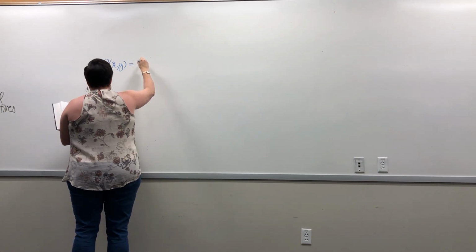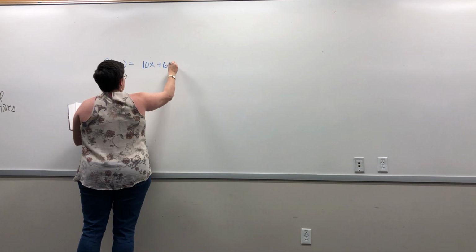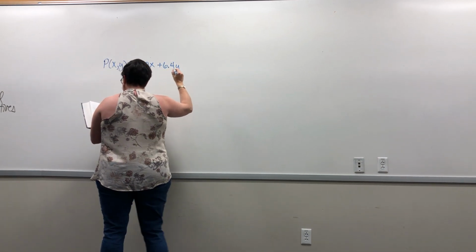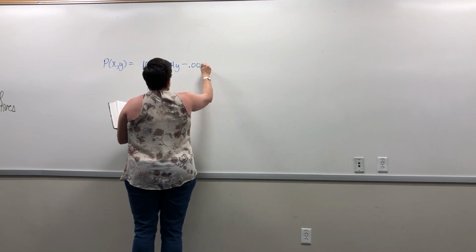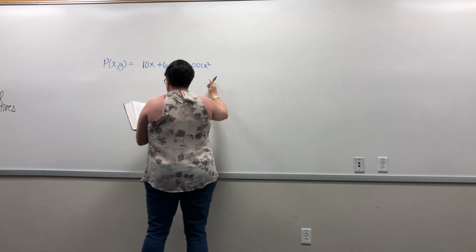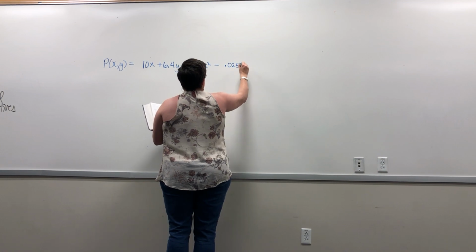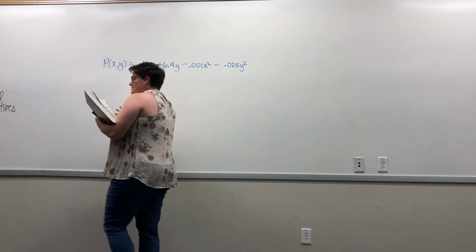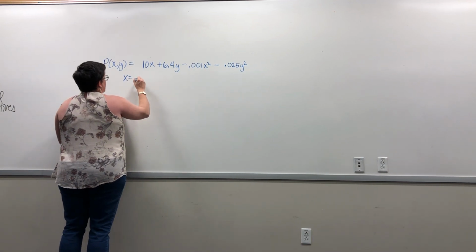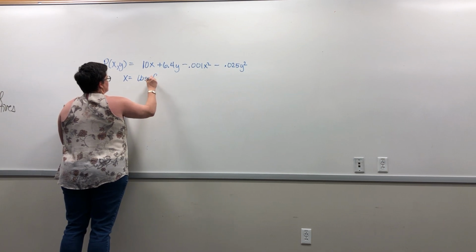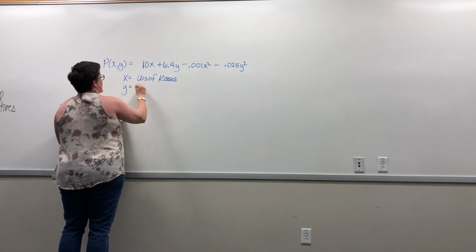Profit of x and y is 10x plus 6.4y minus 0.001x squared minus 0.025y squared. X is the number of pounds of kisses. You're making chocolates, by the way. X is pounds of kisses. And Y is pounds of creams.